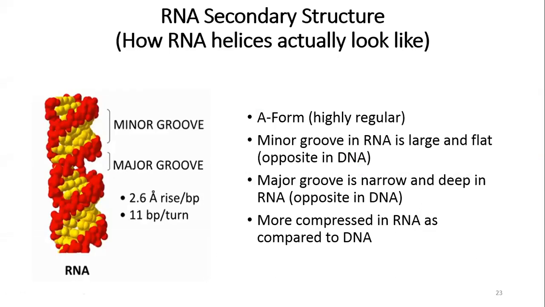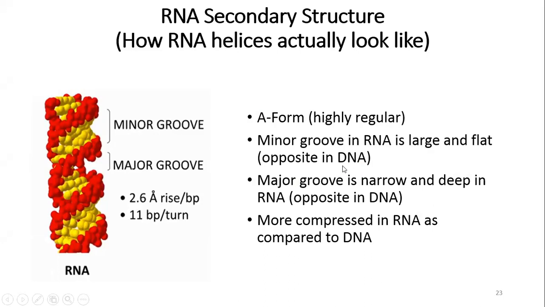Good. Now, let us talk about some RNA secondary structure, how RNA helices actually look like. Your A form of RNA, which is highly regular, has of course minor groove and major groove. This minor groove in RNA is large and flat as opposed to DNA.